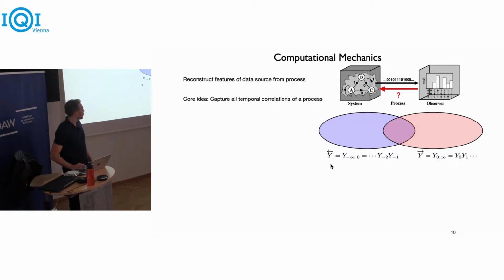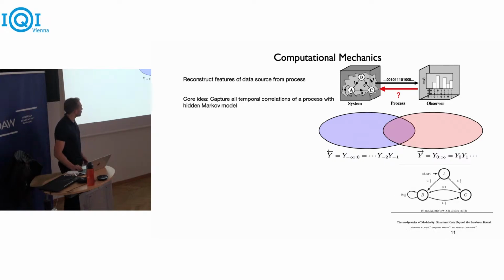If you have the semi-infinite past of the process and the semi-infinite future, there's some amount of information that's shared between those two subsets of the process, and that can be captured by a hidden Markov model. That essentially means that the hidden states of this Markov model, in this case A, B, and C, capture this shared information.